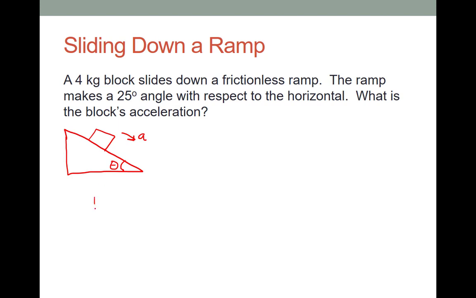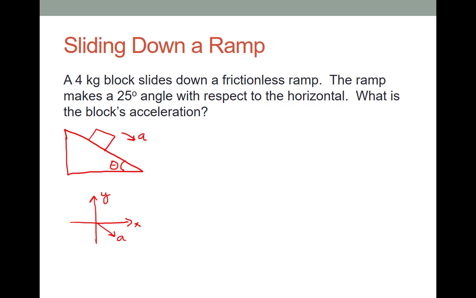Now, what you might think of doing is making an XY coordinate system as we normally do, where X is pointing to the right and Y is pointing upward. In this case, the acceleration points at an angle, and you would have to split that acceleration into components in order to solve this problem.